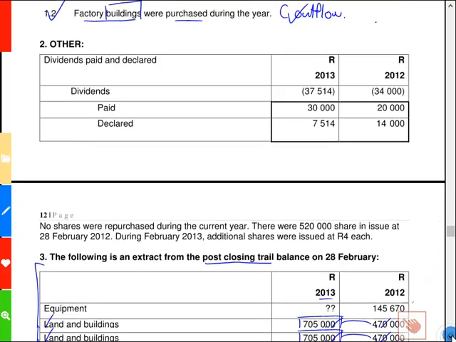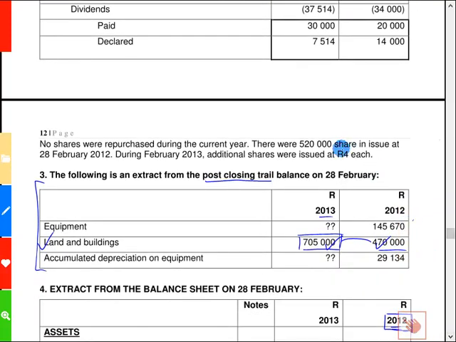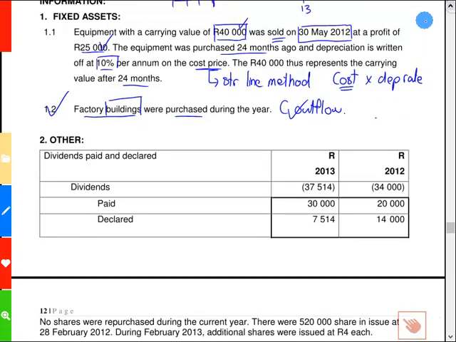We still haven't figured out our depreciation. Equipment, we know that was the opening cost, and we know that this was the opening accumulated depreciation. Factory, land and buildings is not depreciated. The only thing that is depreciated here is our equipment, which is a good thing because we only have information related to equipment.